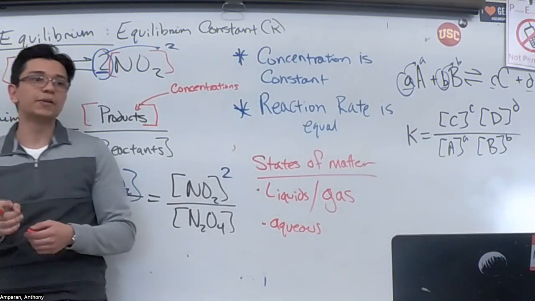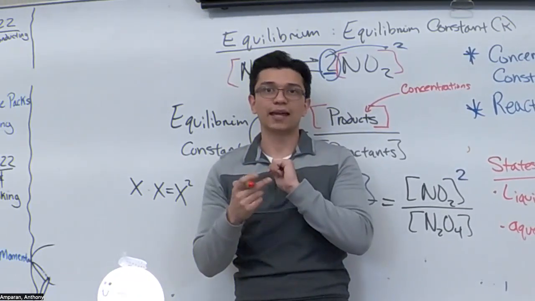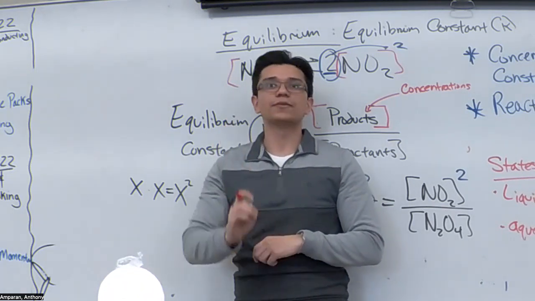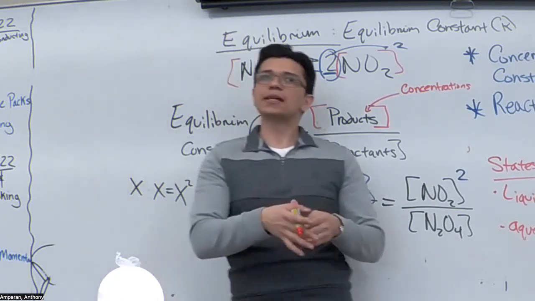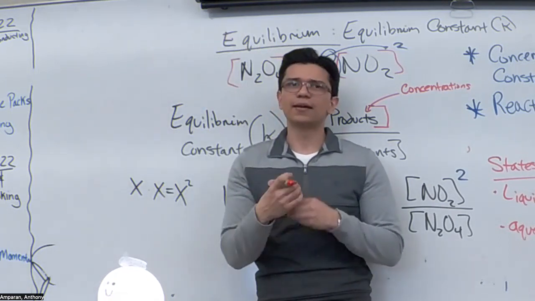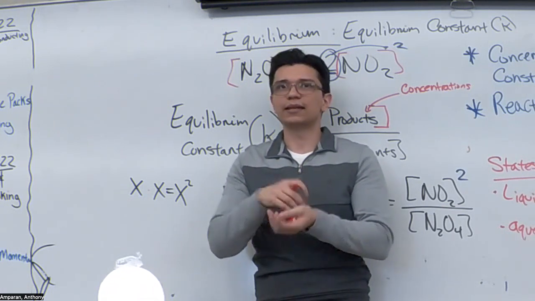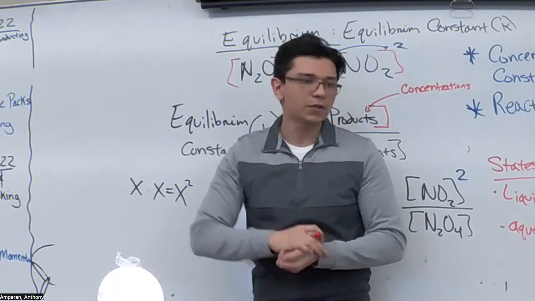Those are the only three states of matter that you can use: liquid, gas, and aqueous. You cannot use solids for equilibrium reactions, because if you think about your precipitation reaction that you were doing during lab, if you make a solid, it's going to stay as that solid. It's not going to turn back into a liquid.